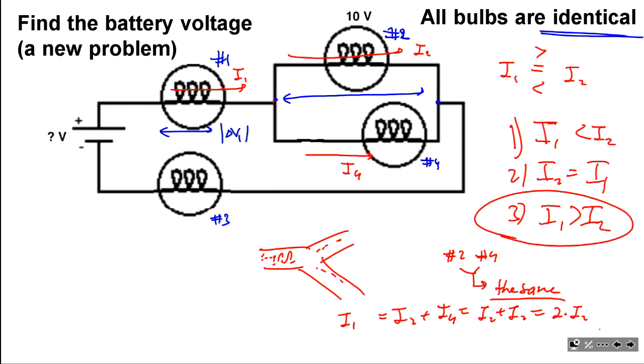So now we can look at the equation. That's a general equation for any bulb, for any device. But if we write it twice, and now if we account for the fact that bulbs are identical but currents are different, we make a conclusion.